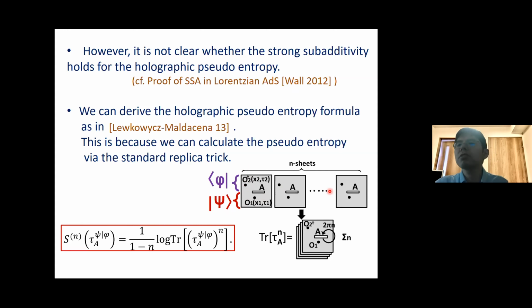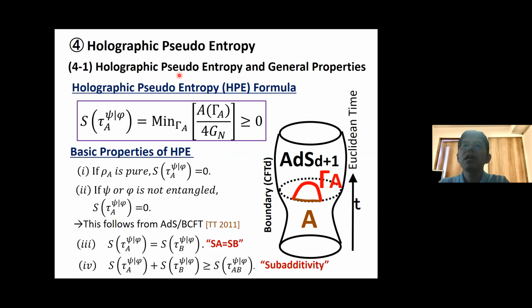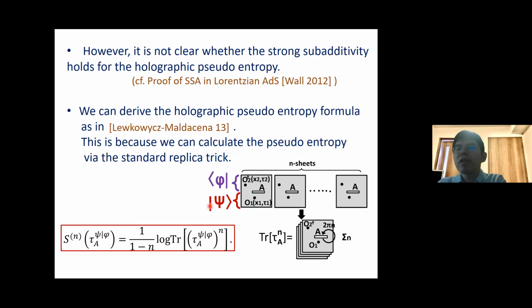But the replica trick is the same: it's just the standard trace tau to the n. We paste these n sheets into each other, but the excitation point is different. From this, and just thinking about the standard analysis of the holographic calculation of this bulk partition function, we can simply recover this equivalence. This is also, from the viewpoint of field theory, a well-defined quantity because it's positive. This partition function within some reasonable background is of course positive.